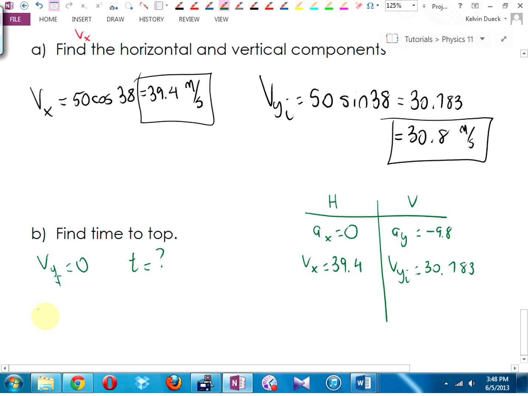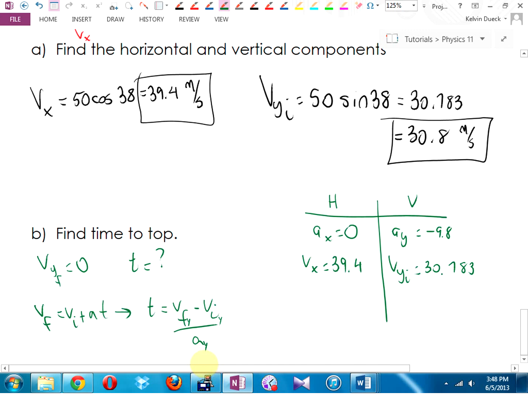And in fact, we'll use the good old Vf equals Vi plus At, but get the T by itself. We'll get T equals Vf minus Vi over A, but make sure you use vertical, vertical, and vertical. Oh, one of those will be 0. The Vf final is 0. V initial, not. Divided by negative 9.8.